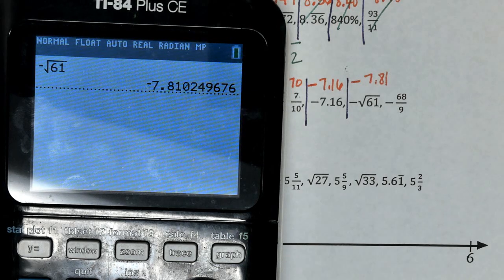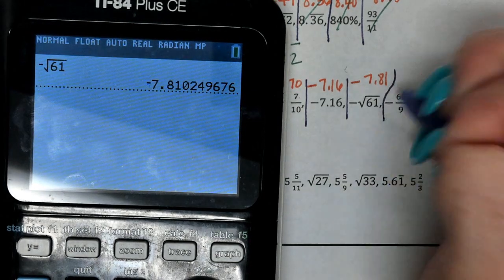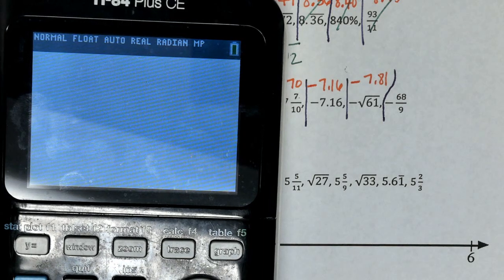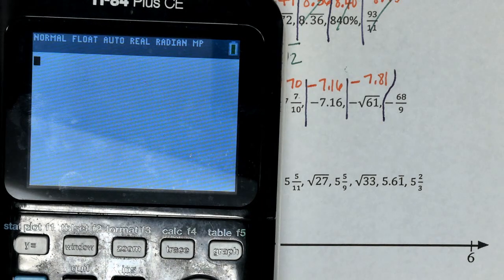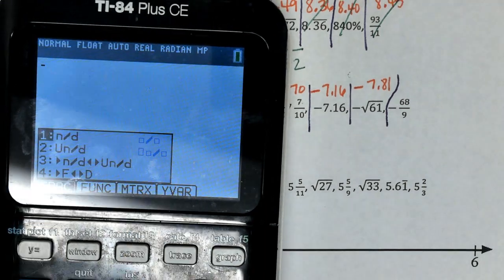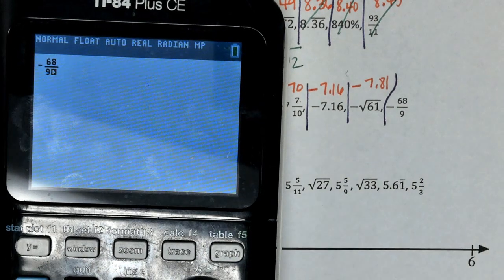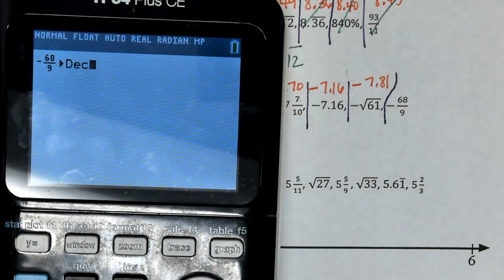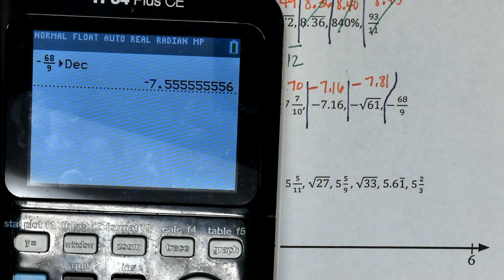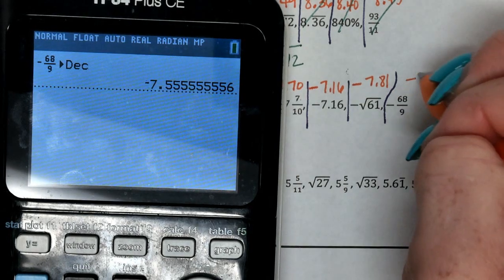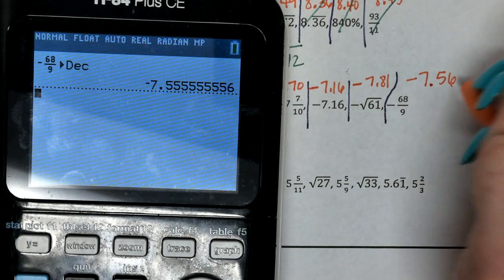Okay, don't forget that negative sign, okay? And the last one, negative alpha y equals. Tab out, math, decimal inner. How much do I owe? Perfect, $7.56.